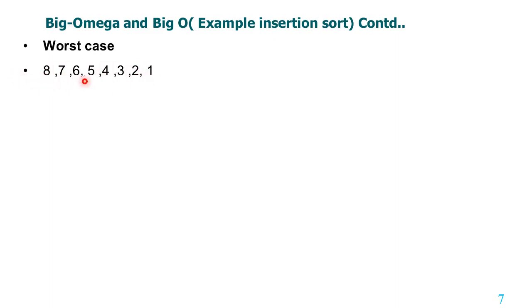It is the worst case if the input is in descending order and we have to arrange it in ascending order. For example, this is not the proper position of 8. 8 will be shifted to the 8th place. Similarly, 7 is shifted to its 7th place, and so on.